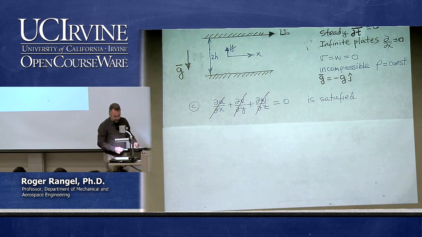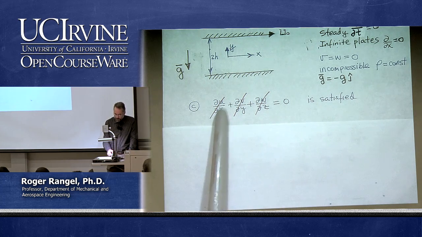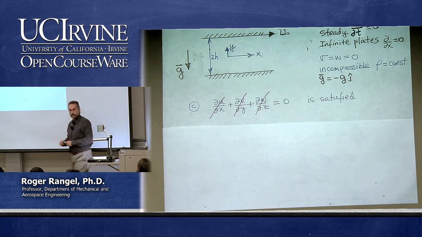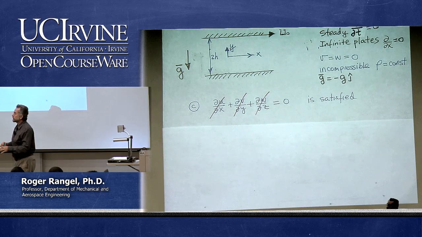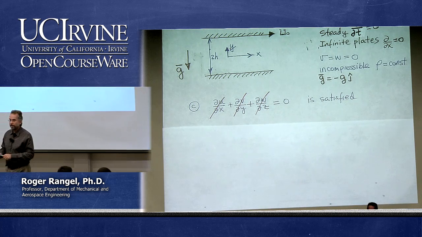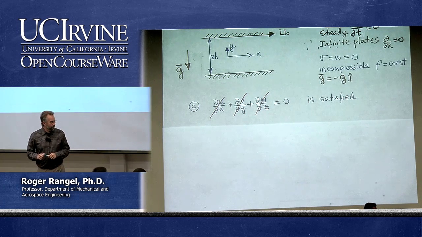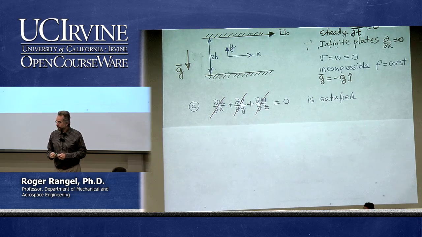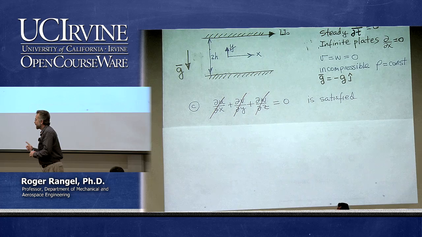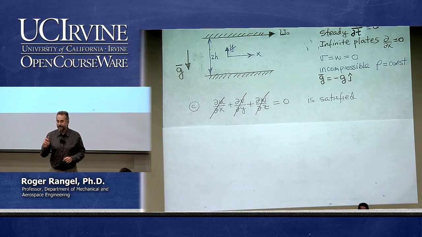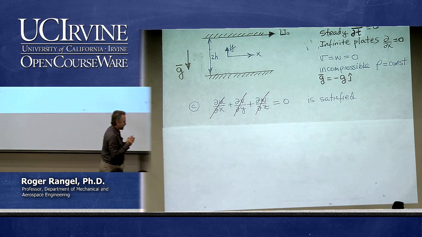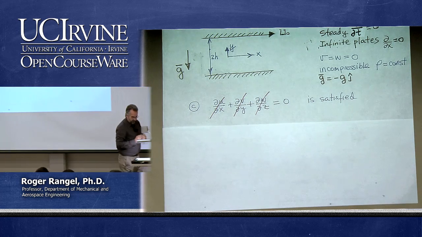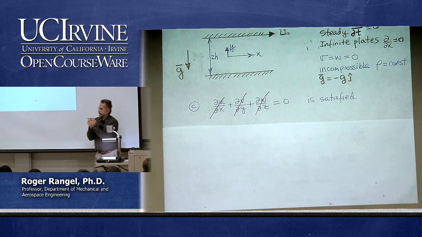If you want to think about the meaning of these things, what is the physical meaning of partial u partial x? It's a strain rate. It is the linear deformation of a horizontal side.